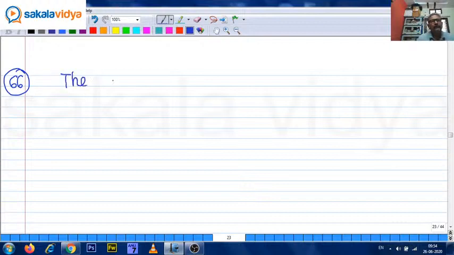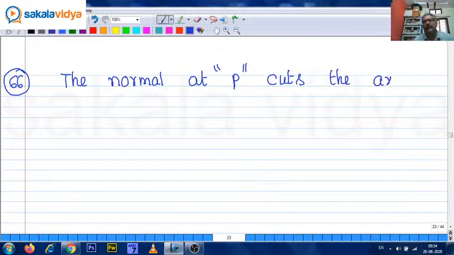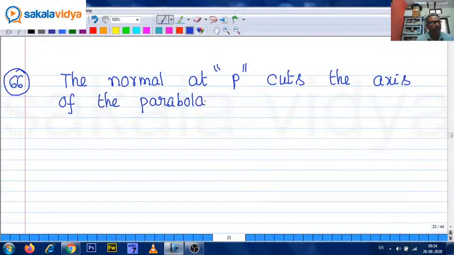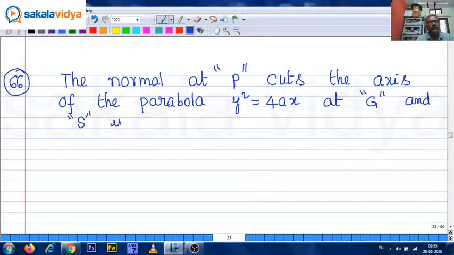The normal at P cuts the axis of the parabola y square is equal to 4ax at G, and S is the focus of the parabola.